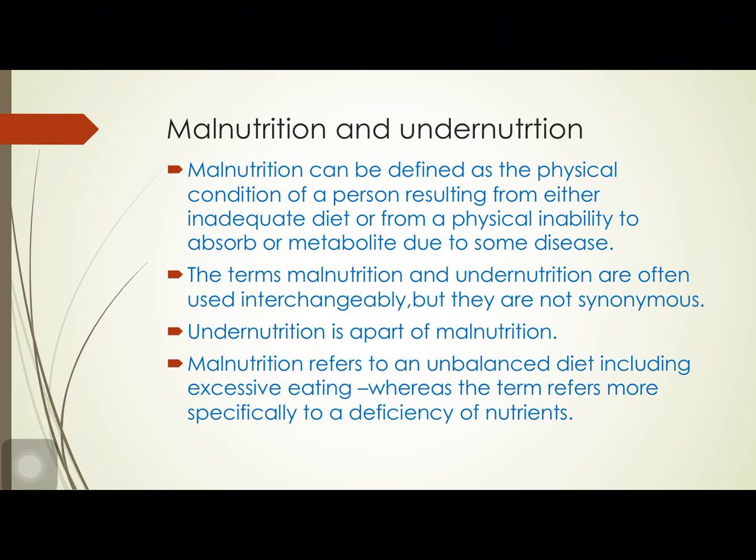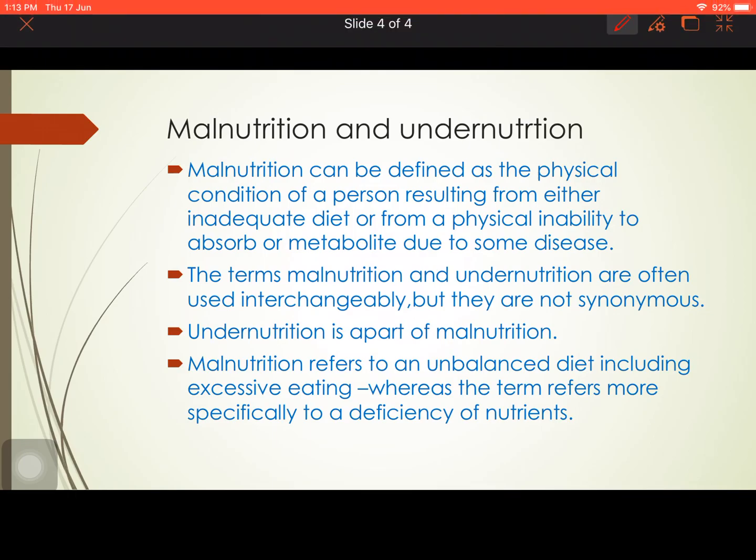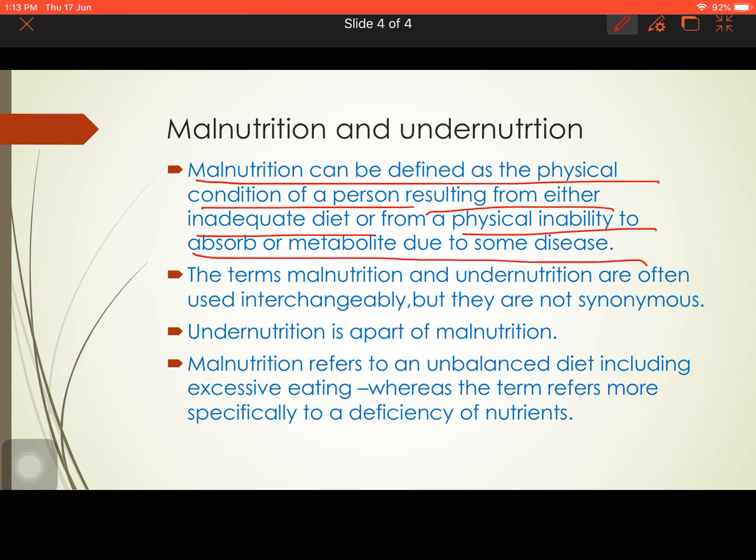Might be he is suffering from intestinal issues, might be he is not absorbing all the food properly or metabolizing it due to some disease. Now, the terms malnutrition and undernutrition may be used interchangeably, but they are not at all synonymous.